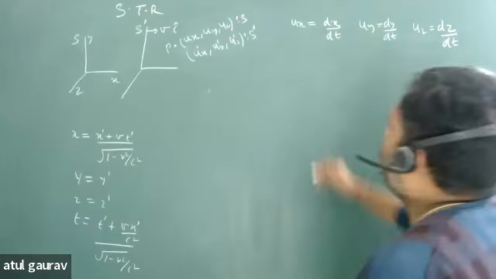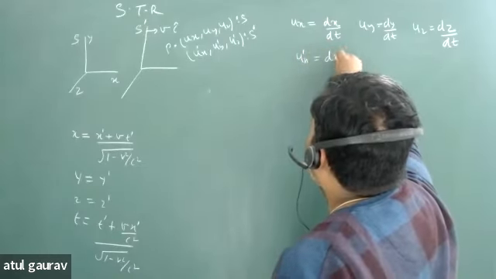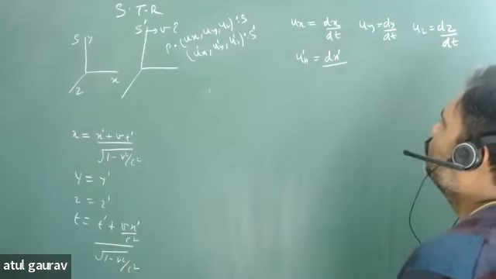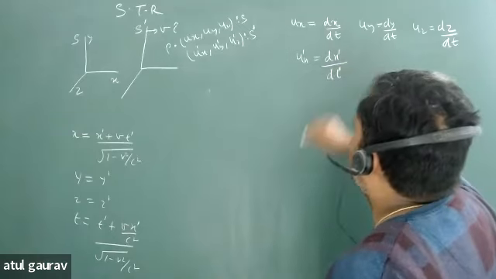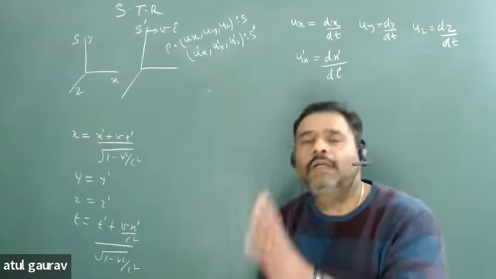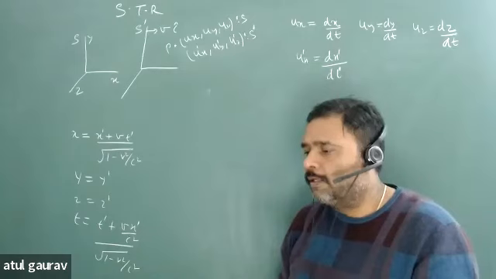And similarly, we have ux dash, which is nothing but dx dash upon dt dash. Yes, because you have one frame and then you have its own spatial quantity as well as temporal quantity.